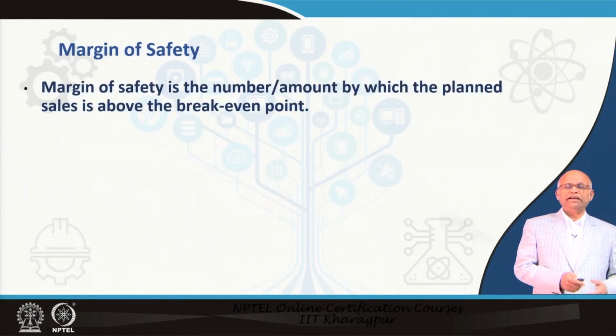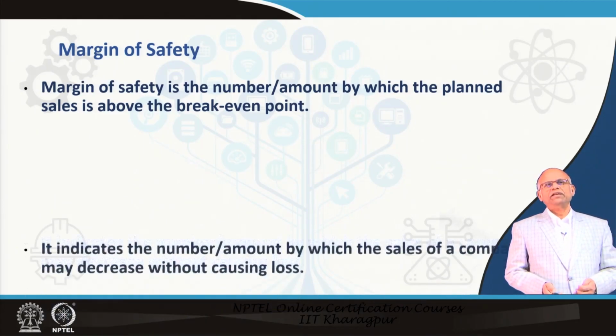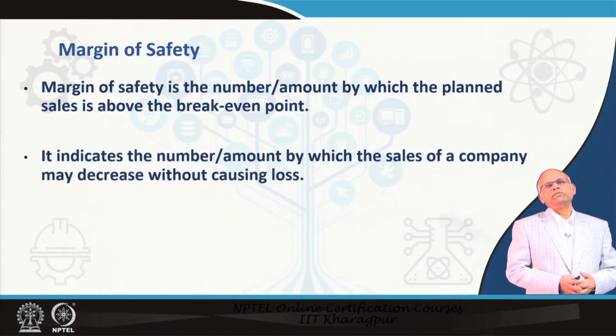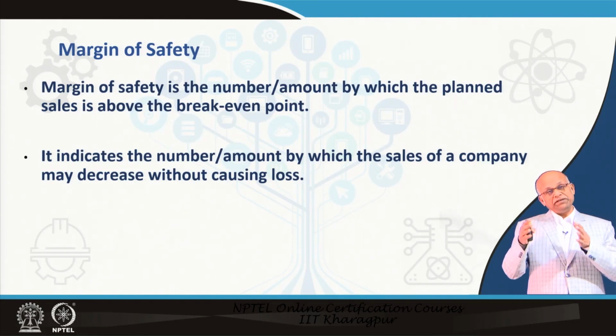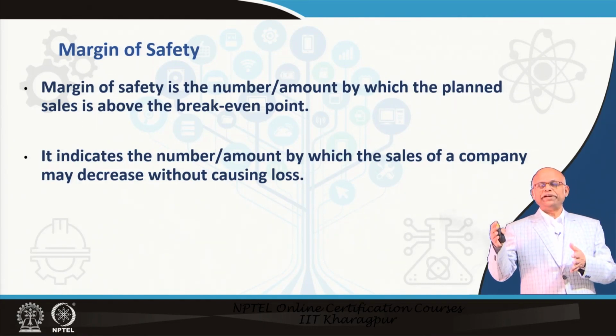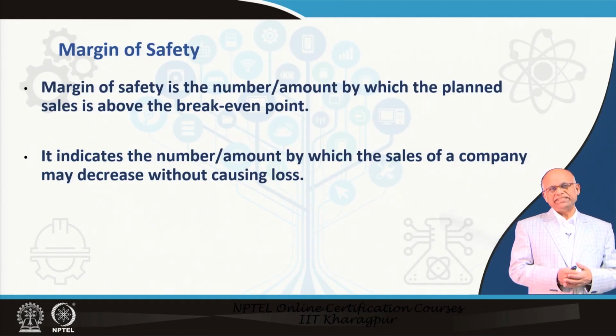Now, from that calculation we have started, we will estimate the margin of safety. Margin of safety is nothing but the difference between where you operate and where the break even point is in terms of number of units that you sell.